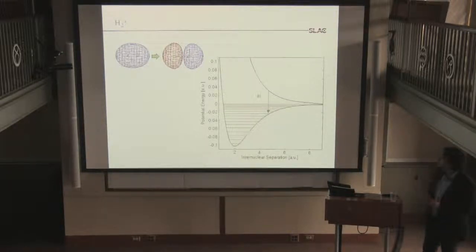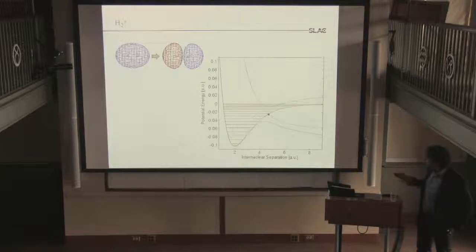This is just H2+. So H2+, you have a bound potential and an unbound potential, just these two levels. That's enough to describe our system for the intensities I'm going to use. So it's the 1s sigma g here and the 2p sigma u. We have vibration levels until we don't.